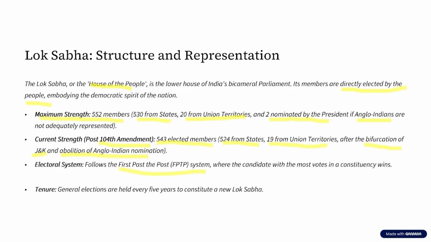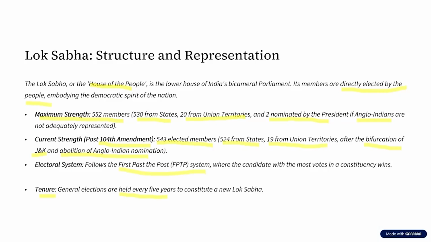Now, what is the tenure of this Lok Sabha election? It will be held every 5 years. It has to be held every 5 years. Now, before 5 years, let us assume the government loses the magic number due to some people defecting to other parties, or the coalition partners not being ready to support the government.